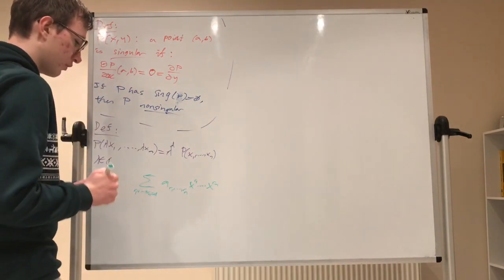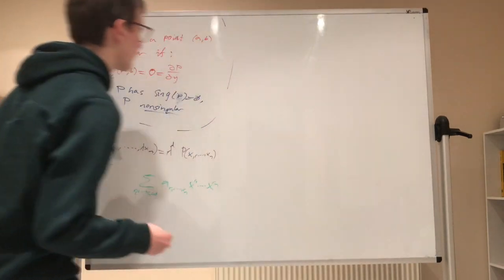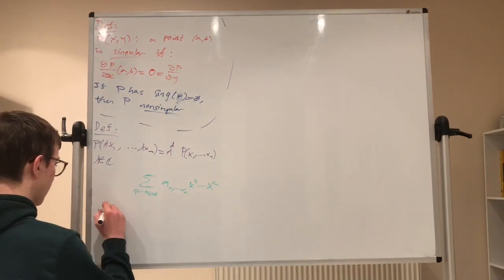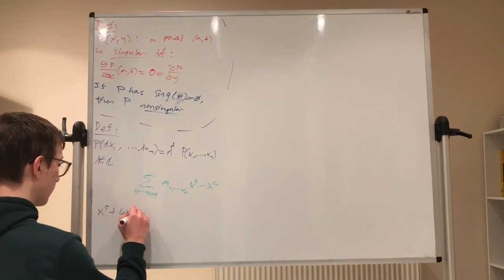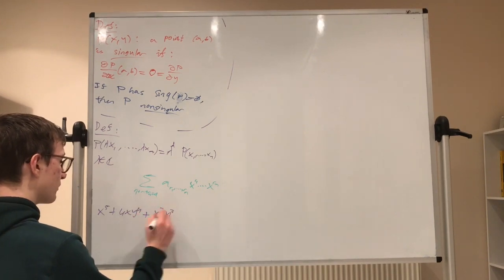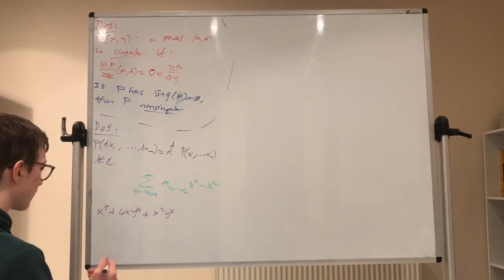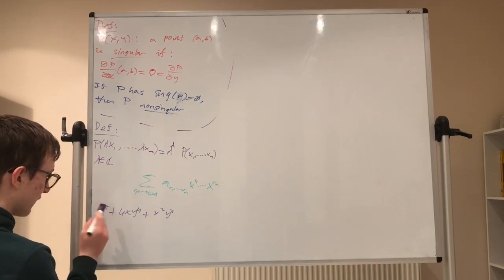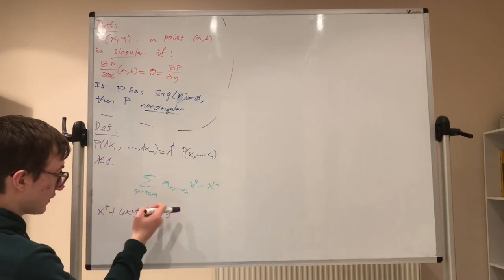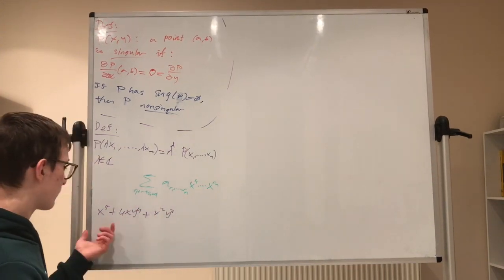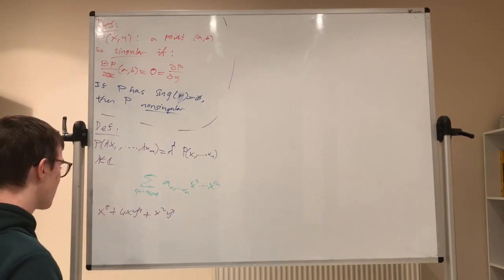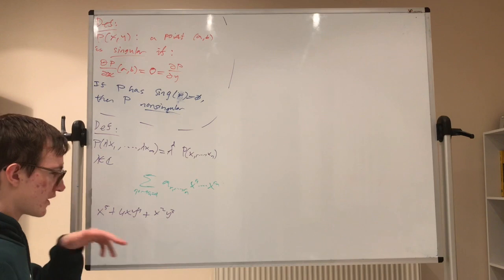So for example, what this is really saying is that x to the 5th plus 4xy to the 4th plus x squared y cubed is homogeneous of degree 5, because we have 5 here, and then 1 plus 4 is 5, and then 2 plus 3 is 5. So in each of these different components, I'll call them, the degree adds up to 5.